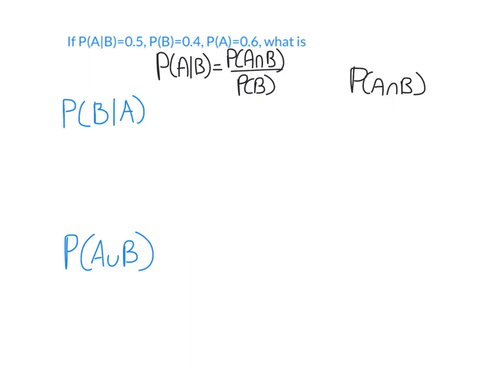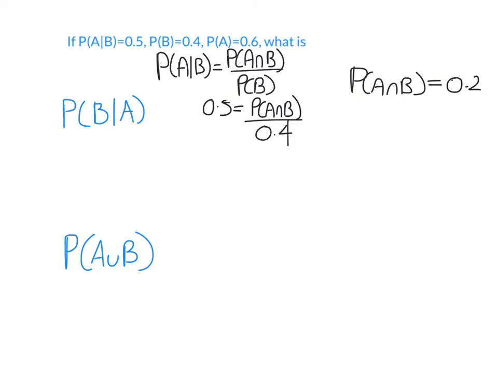I have probability of A given B is 0.5. That's equal to probability of A and B all divided by 0.4. So the probability of A and B is just 0.4 times 0.5, just rearranging that equation. And that gives us 0.2.